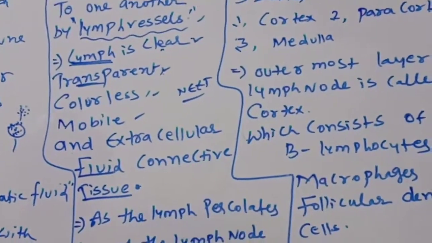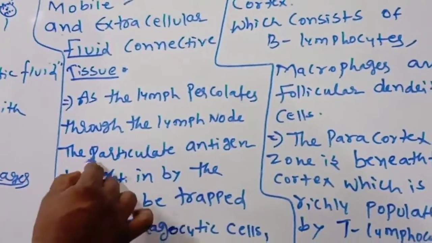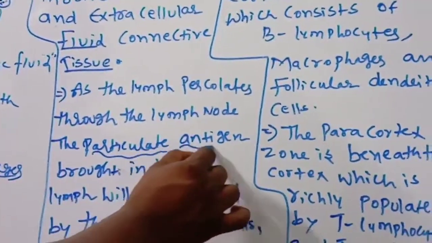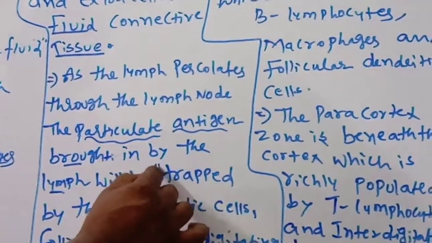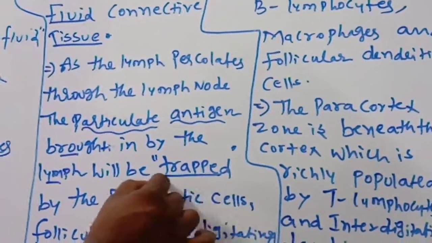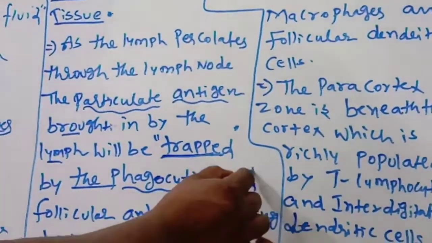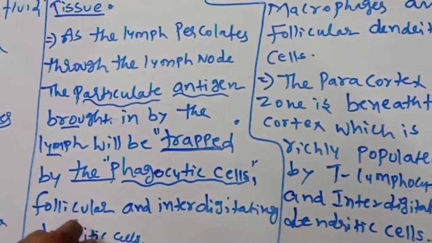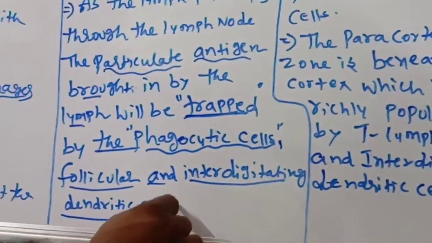When the lymph percolates through the lymph node, any antigens brought in by the lymph will be trapped. What do lymph nodes have? Phagocytic cells and follicular and interdigitating dendritic cells.